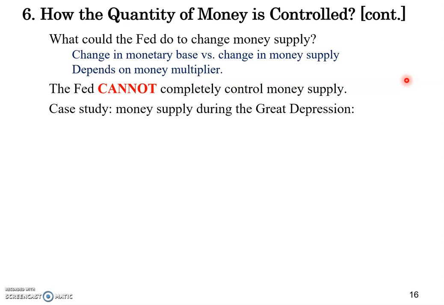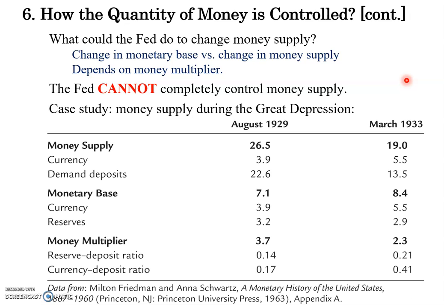Now here, let's use the Great Depression as a quick example. We know that this is the worst financial crisis in human history, and there are many different lessons we learn from that crisis.